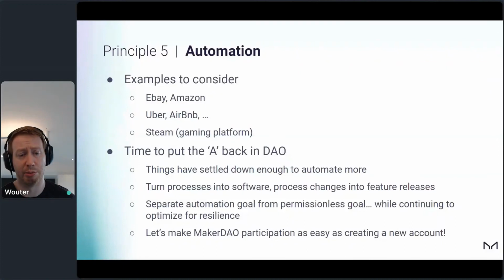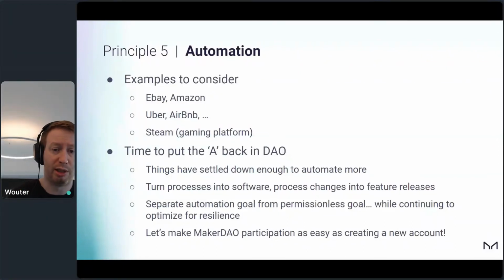One example that I particularly like is Steam. Steam is a gaming platform, so if you have an account as a user, you have access to a huge catalog of games, and then you can buy the games and play them. This is another example of a collaboration, coordination network that has been all but fully automated.